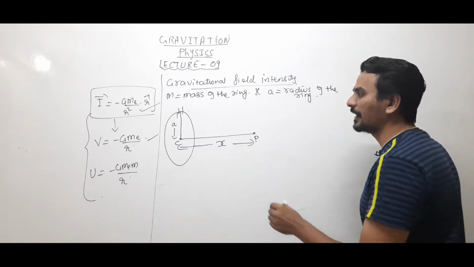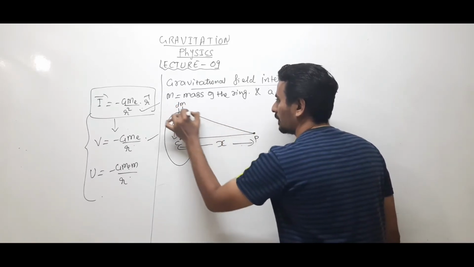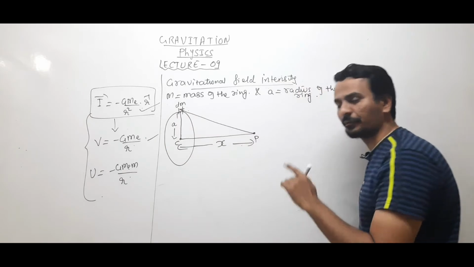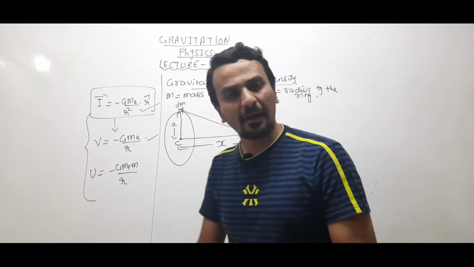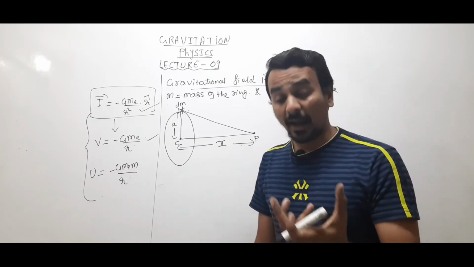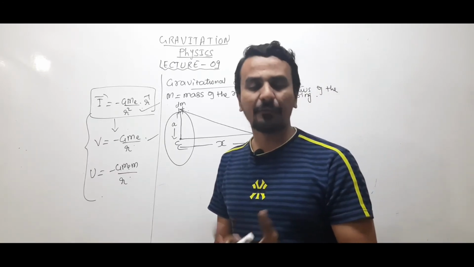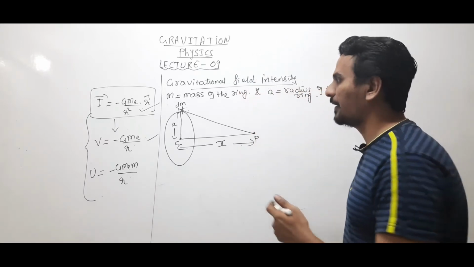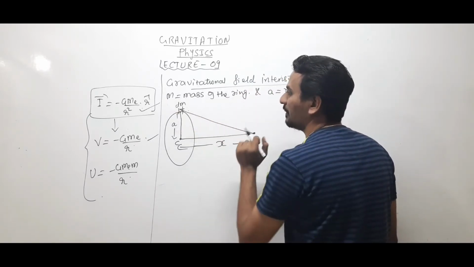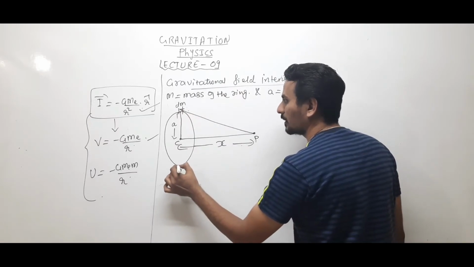The gravitational field intensity of this dm will be in this direction. This is what we had already understood: every object in the universe having some mass will produce a field known as gravitational field, which has some energy. So this is the gravitational field intensity because of a mass dm.